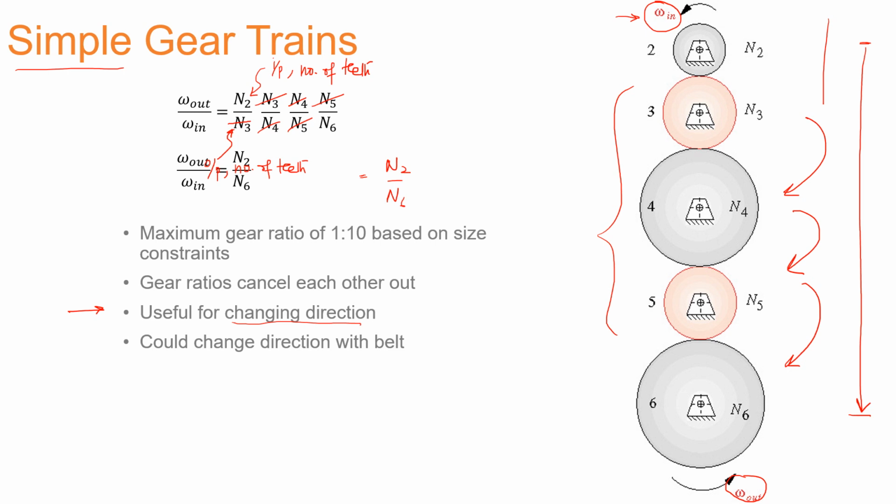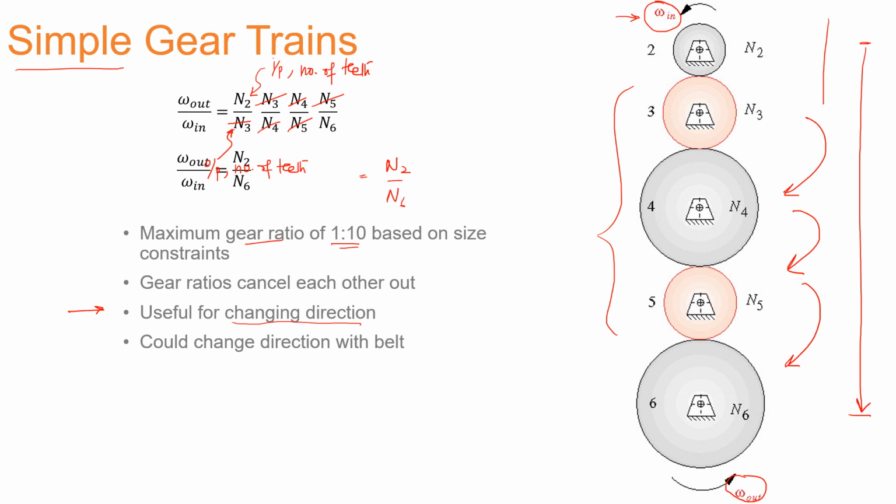And obviously because you can see that the gears have been added, you can get a gear ratio, but you cannot really get a big gear ratio in this scenario because of the practical reasons that the space this mechanism is going to require is going to grow bigger as higher gear ratios are required. Similarly, for practical reasons, you wish not to have that many mechanical components added just to cover distance.